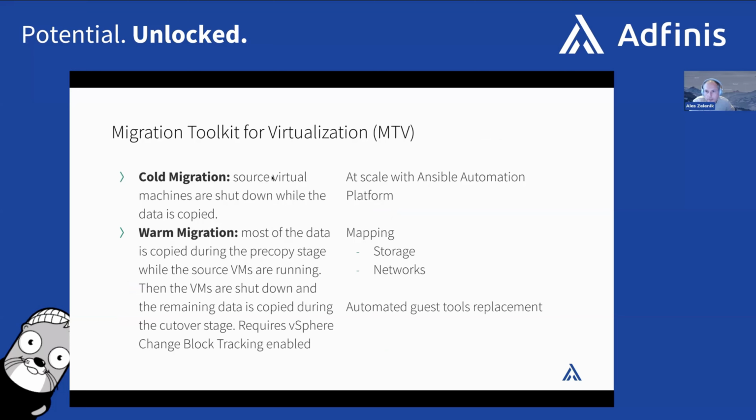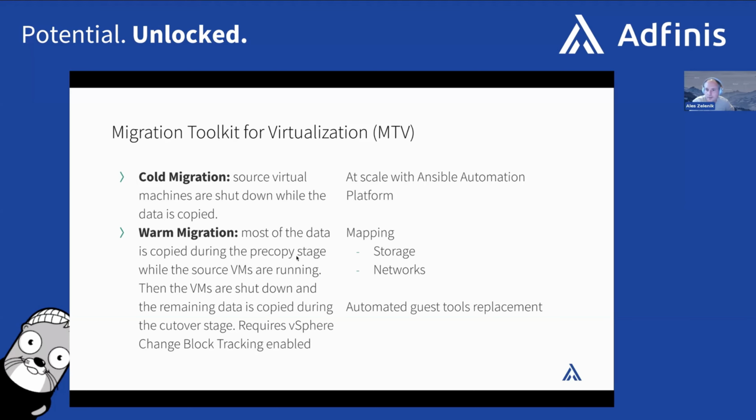Okay, so now I sold you on OpenShift virtualization. Now you're asking how you can move across from vSphere or from Hyper-V or OpenStack, or maybe you already use Red Hat virtualization, which I would like to note here, has been deprecated in favor of OpenShift virtualization.